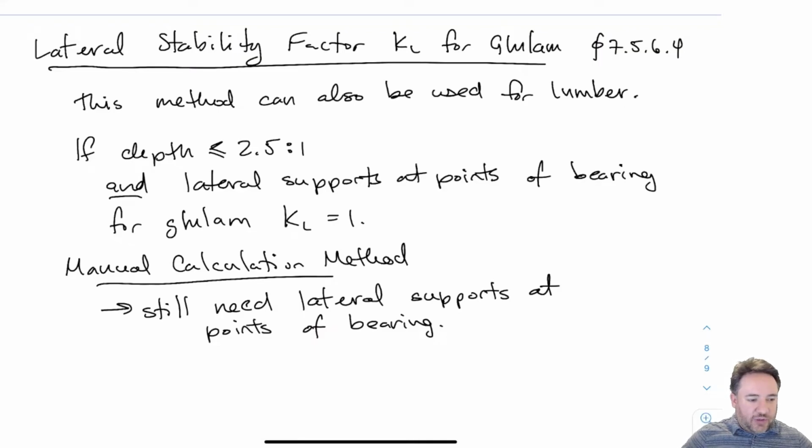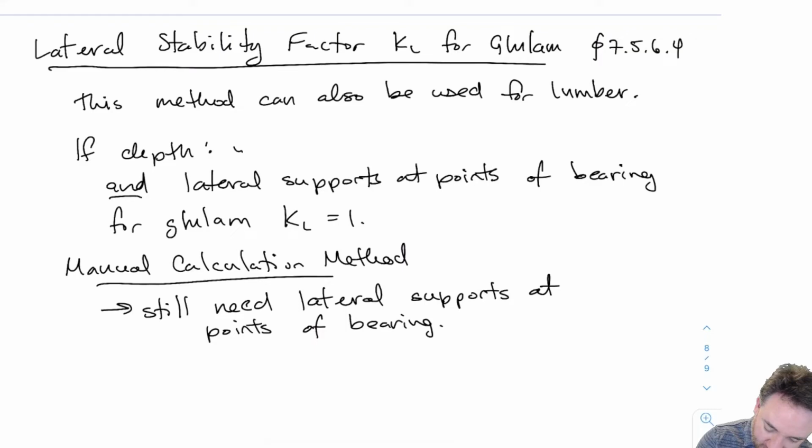Just like in lumber, there is one category for criteria where we can automatically consider KL equals 1, and that is if the depth to width ratio of a glulam beam is less than or equal to 2.5 to 1.